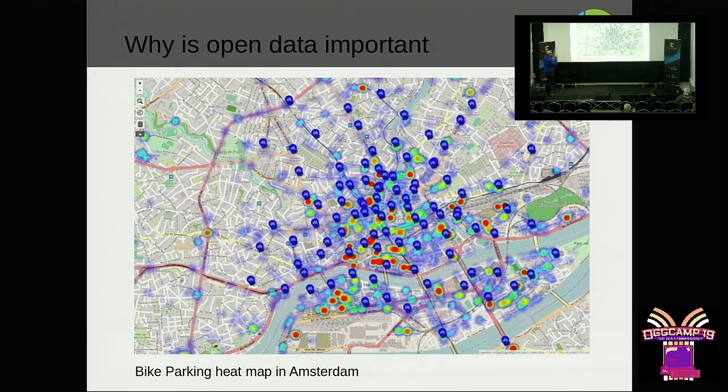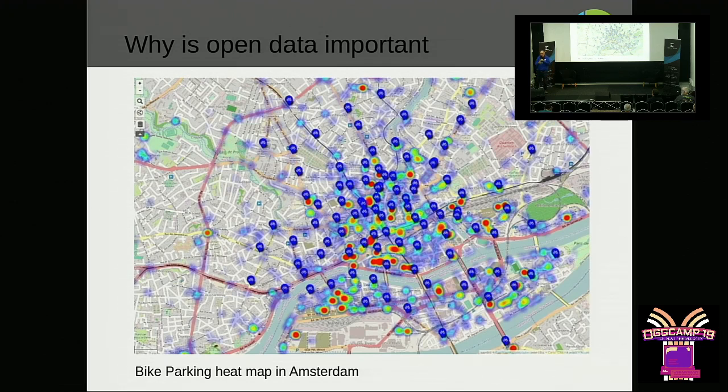And here's an example. Someone has created a map of bike parking in Amsterdam. If you were a council planner and you wanted to see where you needed more bike parking, this would be a good starting point to work out where to put bike parking in place.